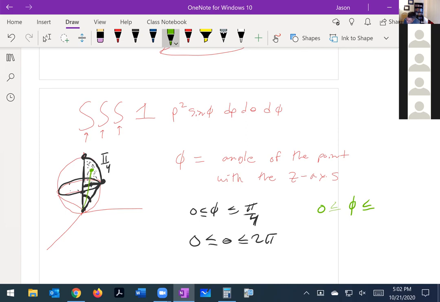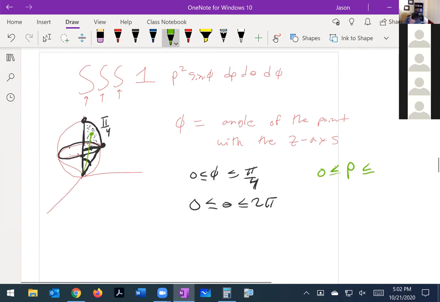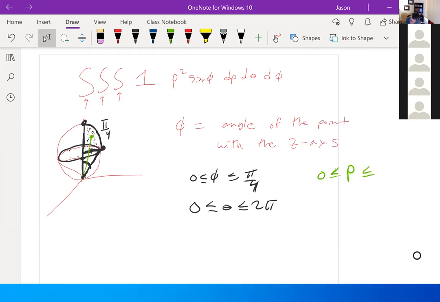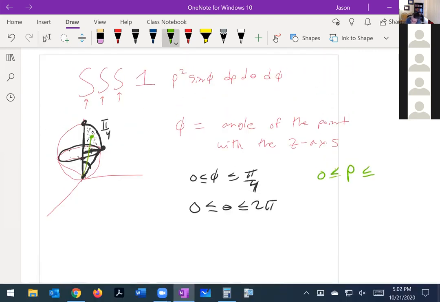I already did phi, I'm sorry, this is rho. Rho is going to be a function of phi. And how do I know that? Aren't all those points on the surface of the sphere? And what was the sphere? The sphere was x squared plus y squared plus z squared equals z, right?